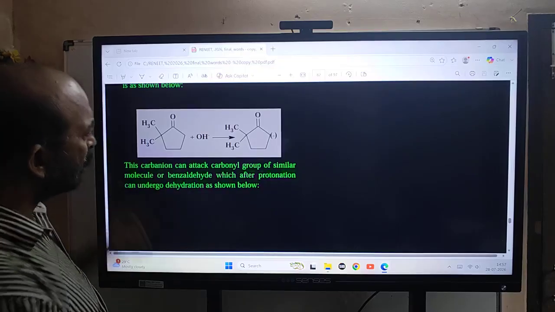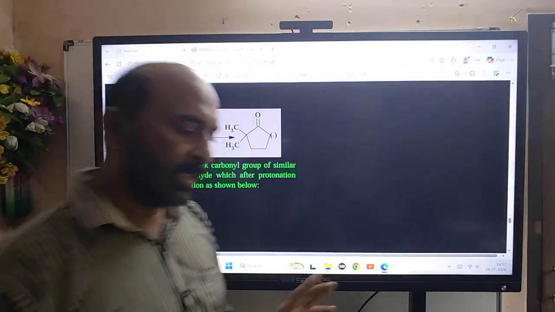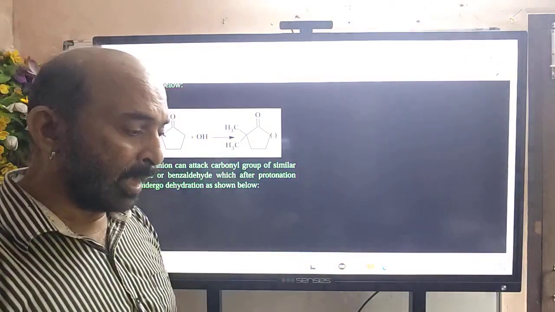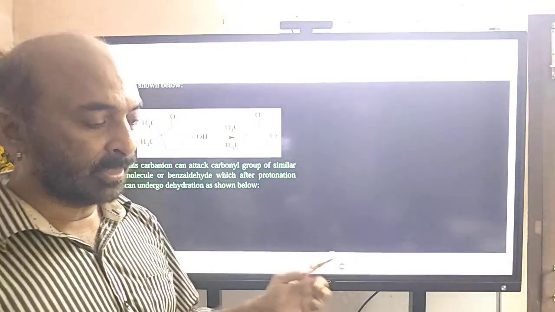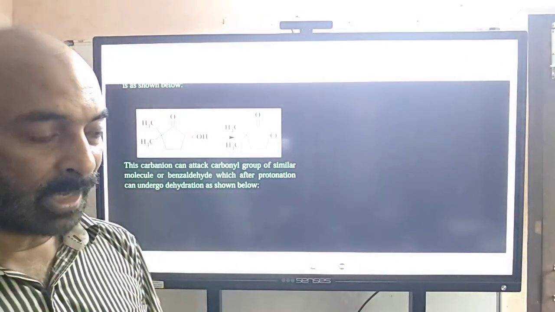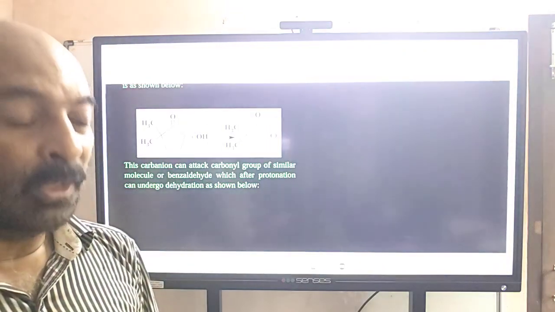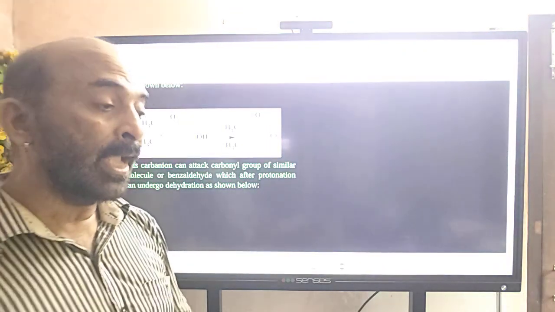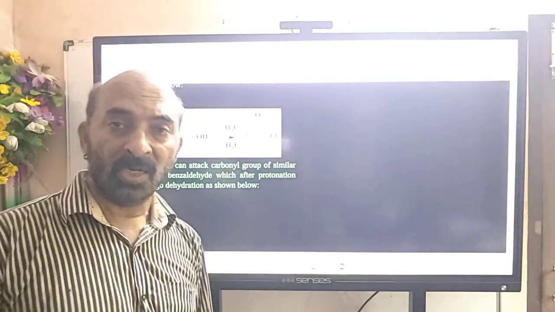Benzaldehyde does not have any alpha hydrogen, that is, hydrogen on the carbon next to the carbonyl group. So, benzaldehyde alone cannot undergo aldol condensation.